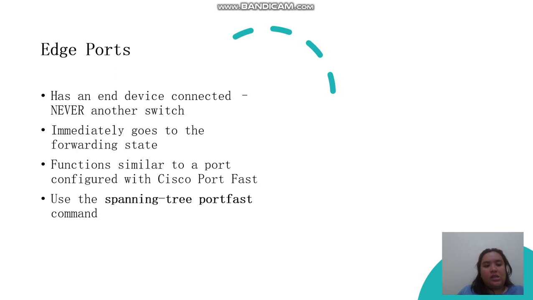So, edge ports. This has an end device connected, never another switch. It immediately goes to the forwarding state, functions similar to a port configured with Cisco PortFast, and you can use the spanning-tree portfast command to configure edge ports.